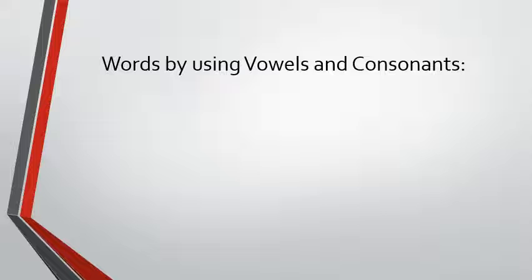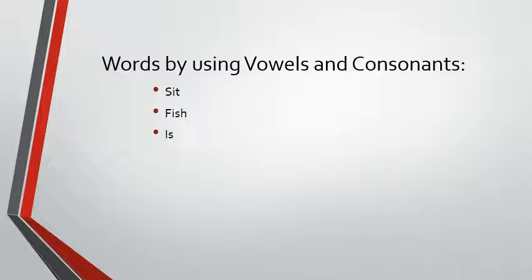For example, I am going to pick one vowel from the vowels and 2 consonants from the consonants. So, first word SIT, sit. I pick I from the vowels and S and T from the consonant list. Now, second word is again I pick S, H and F from the consonants and I from the vowels.